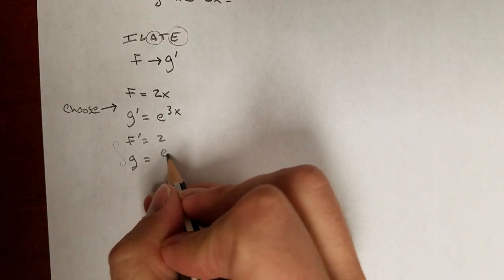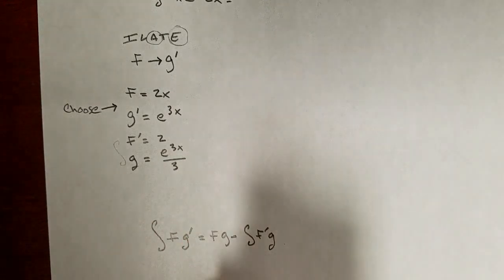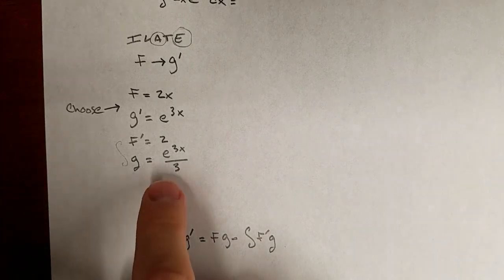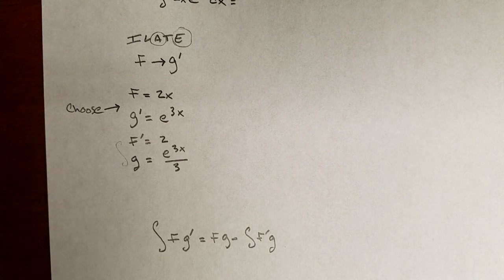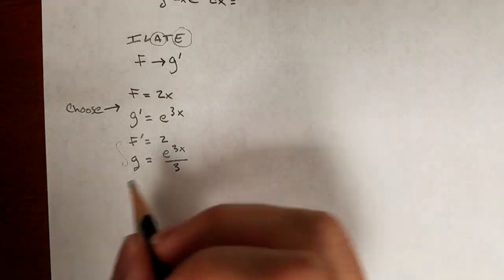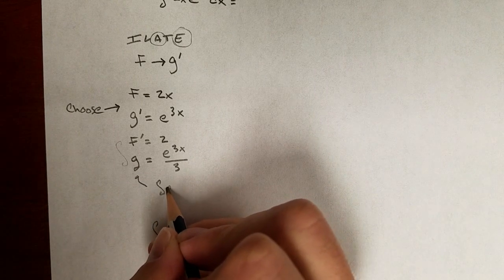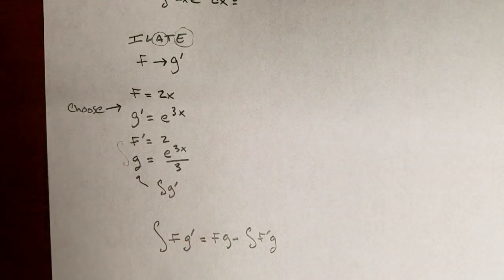Now that will be e to the 3x over 3 if you use a little bit of u substitution. You can check it: take the derivative of what I'm calling g and see that it really is g prime. This will always be the antiderivative of g prime, whatever technique you want to use to find it.